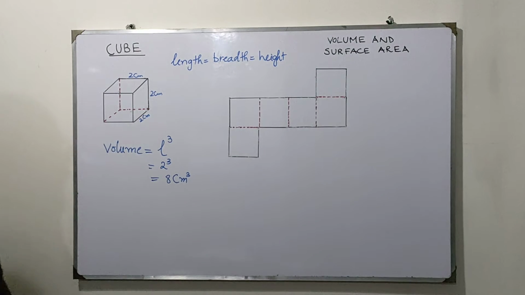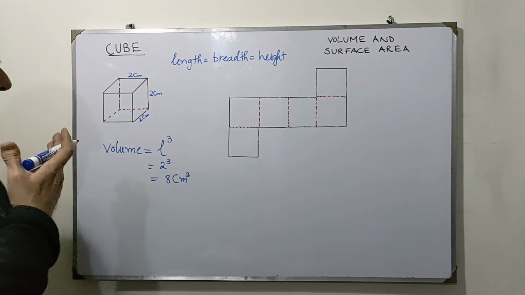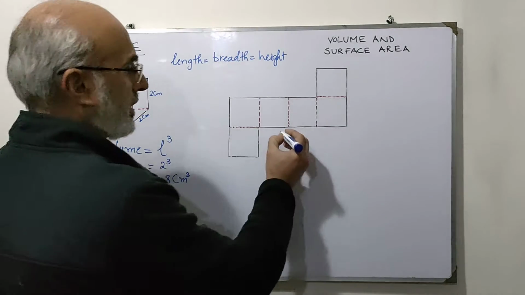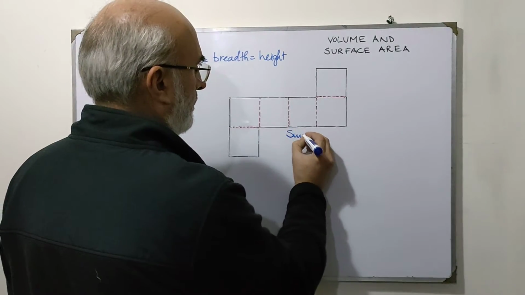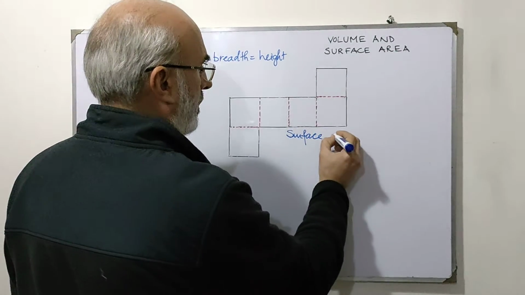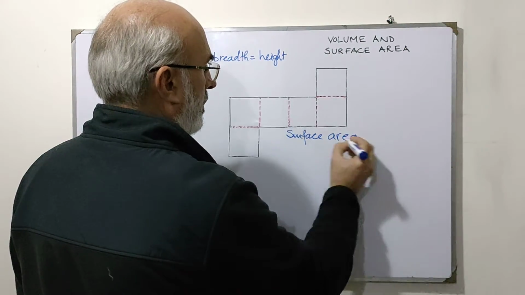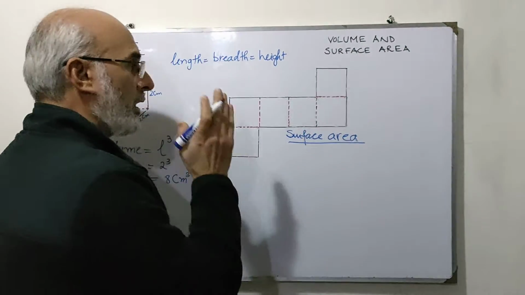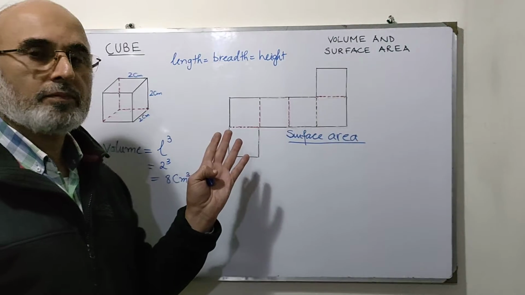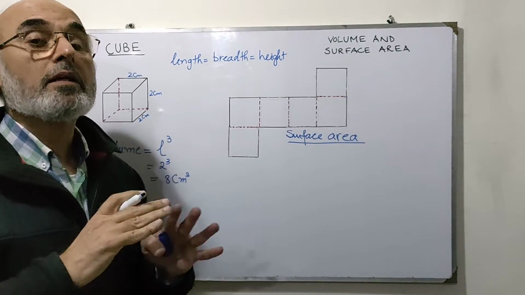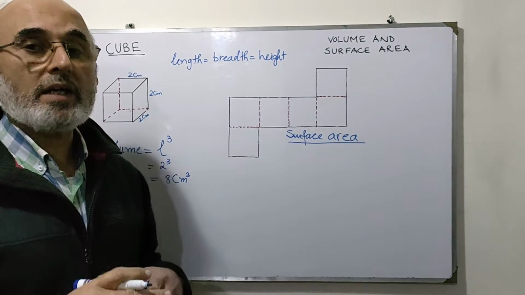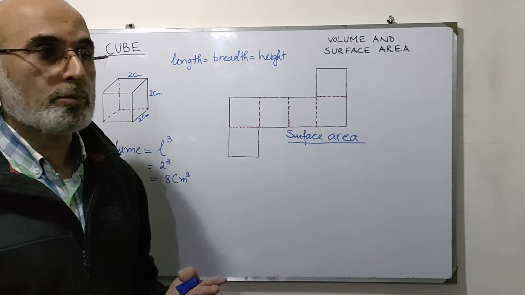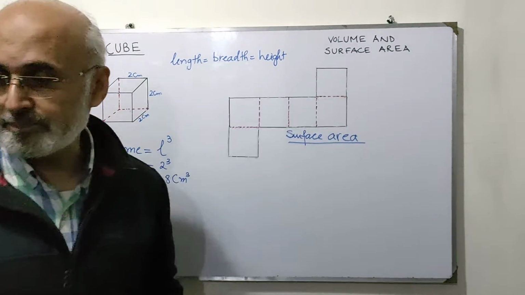Now coming to the surface area of this same cube. Now this is the net for the cube. What I mean by the net: when I unfold a cube, I get something like this.